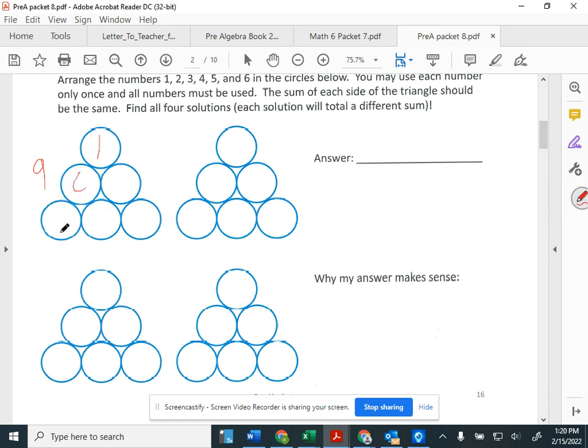What if I put that 6 here and the 2 here? So it still equals 9. Can I go from this one and add 2 more numbers to equal 9? Like that?